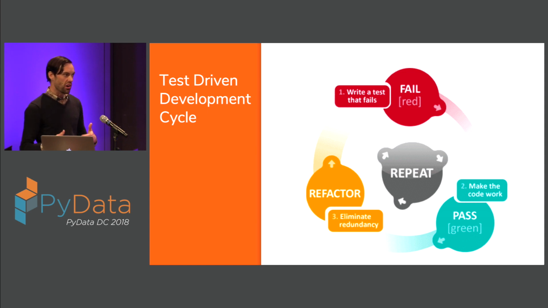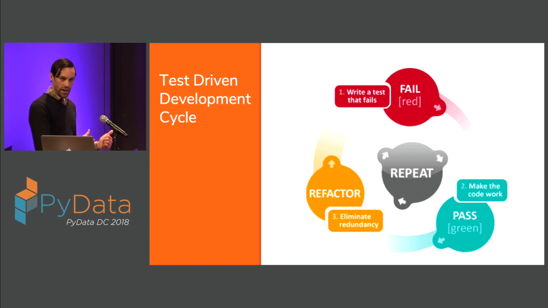Maybe we don't all necessarily use this process intentionally, but the idea is that if you're going to do test-driven development, which is common in software engineering, you start by writing a test for the code that you're going to write before you code anything. And then you work on writing that code and running the tests until you have a passing test.